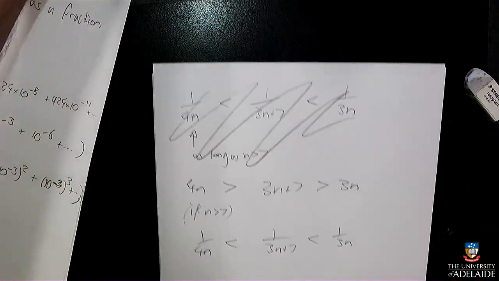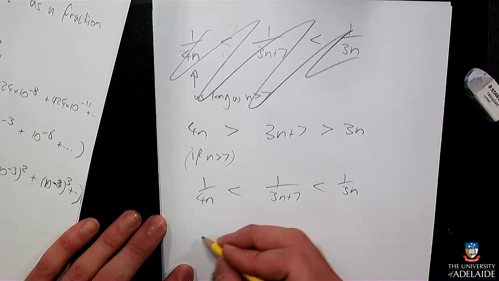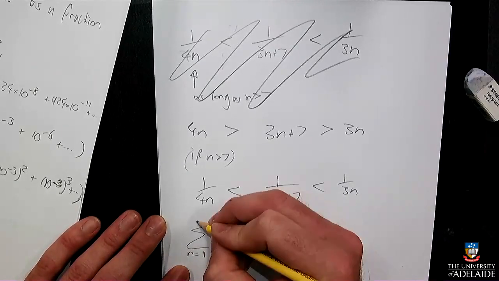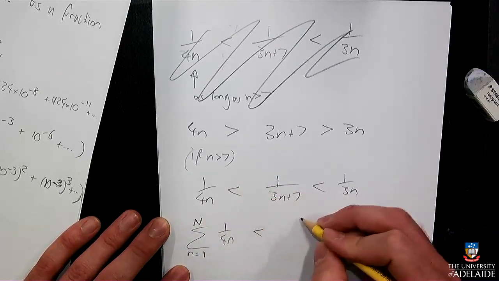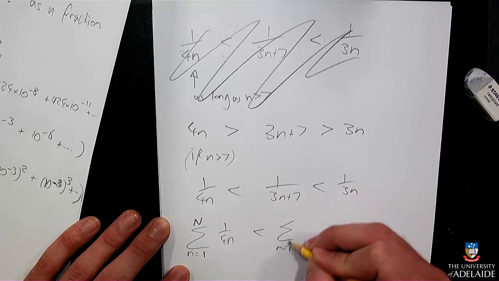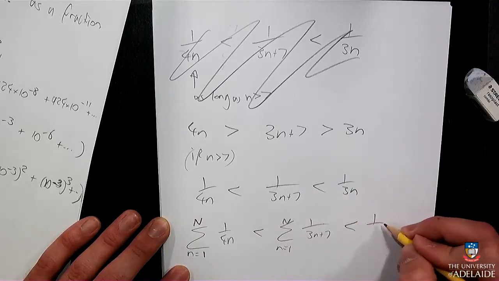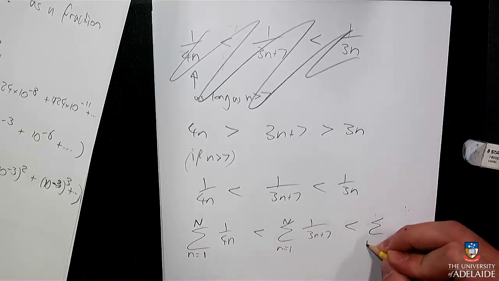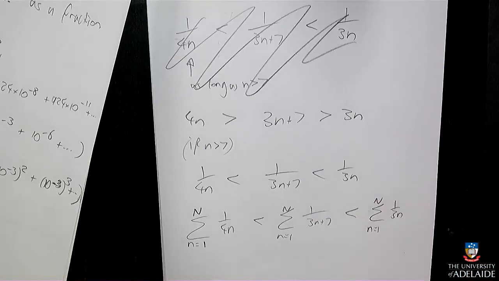And so when you do the sum up to point n, what you get is this.